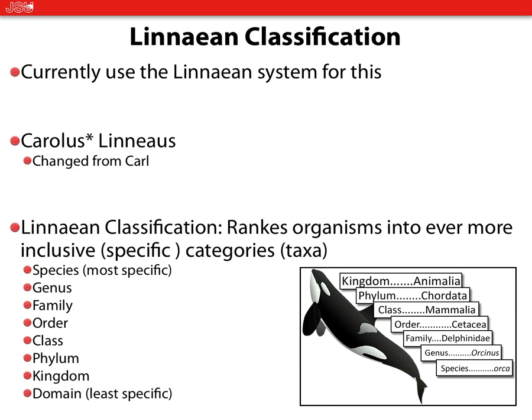There are some more creative ways to remember it out there, but this is the order that we currently use. Domain is the least specific. The most specific is species. Sometimes we'll actually have subspecies, which is a level a little bit more specific.